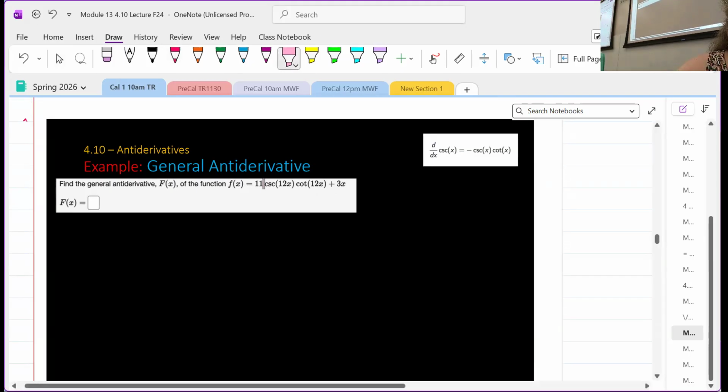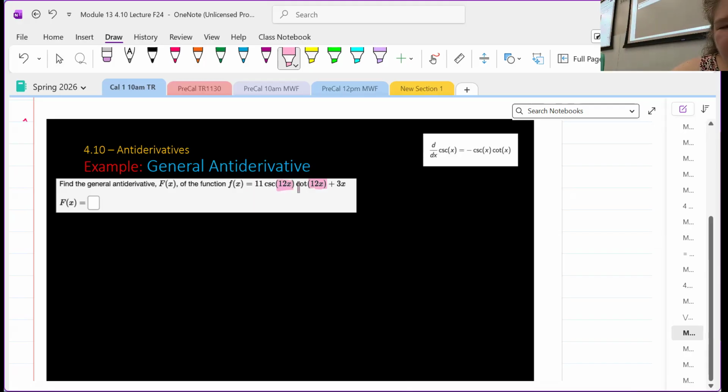So anytime we see repeated trig functions, especially when what's inside the trig function is the same, that should immediately ring some bells of like, wait, this is one of the weird trig derivatives, one of the other guys. That's what I think of the other four as.